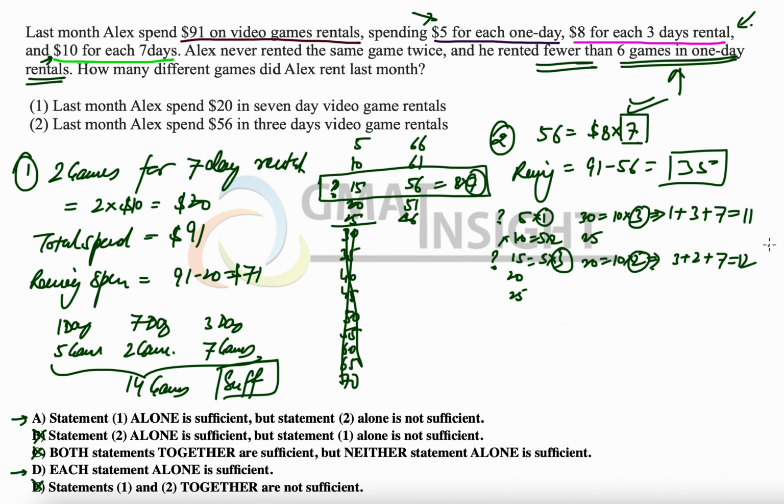We are getting 2 different choices, and again we will get one more choice here when we do 5 into 5 and then 10 multiplied by 1. So this will also give us 5 plus 1 plus 7. That means another choice anyway. So since we are getting different possibilities, therefore we say that this information is not sufficient because there are different possible answers for the total number of games that he had.